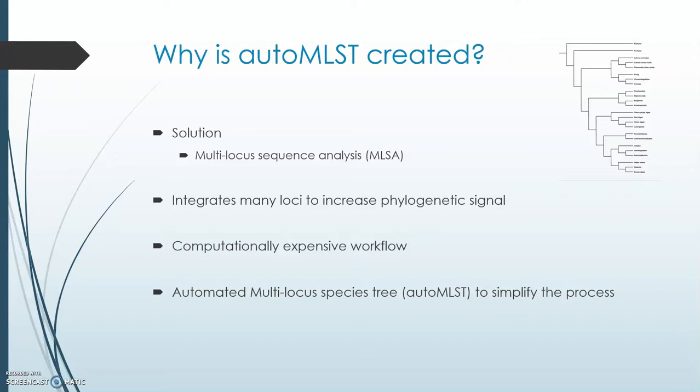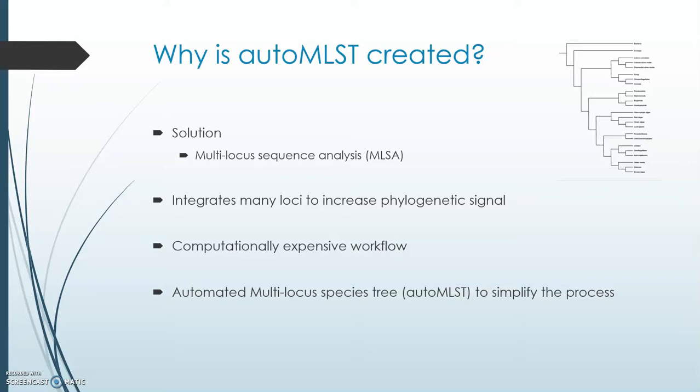By analyzing many conserved genes, often including the 16S data, a high-resolution species tree can be inferred. These advantages come with a cost of a computationally expensive workflow with an obscure set of options and processing steps. Thus, the automated multi-locus species tree, or AutoMLST, was created to simplify this process and make it more user-friendly.